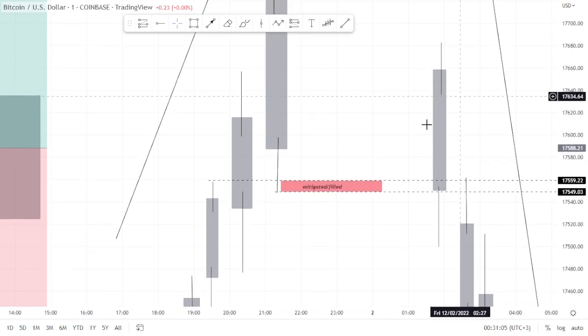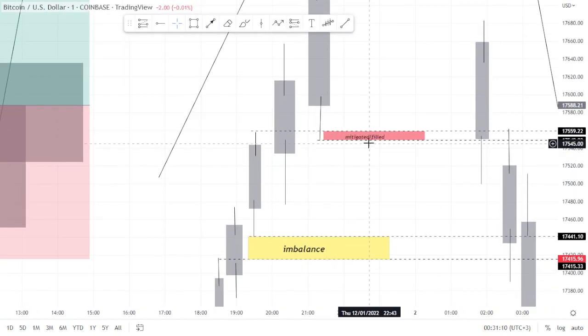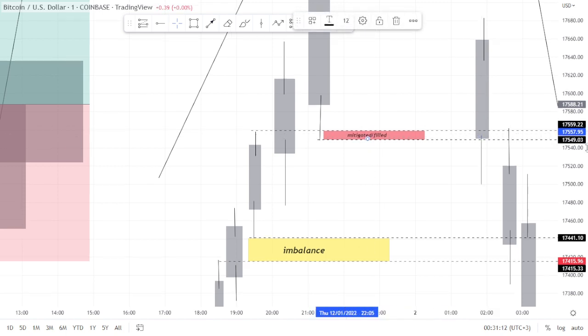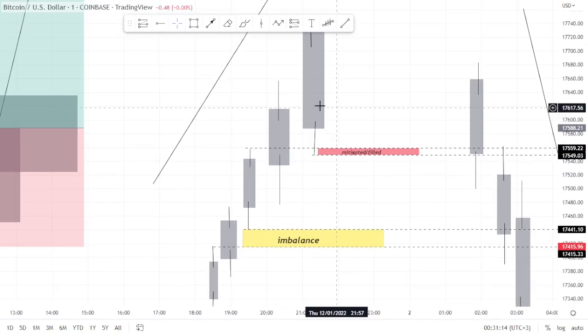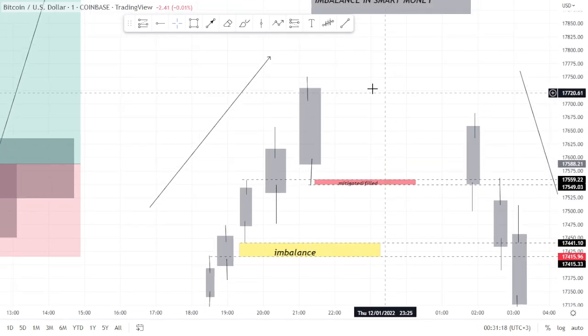So when the candlesticks are mitigated like this, we assume that the orders have been filled with the institution. Which means the market can continue to go wherever it wants to go.